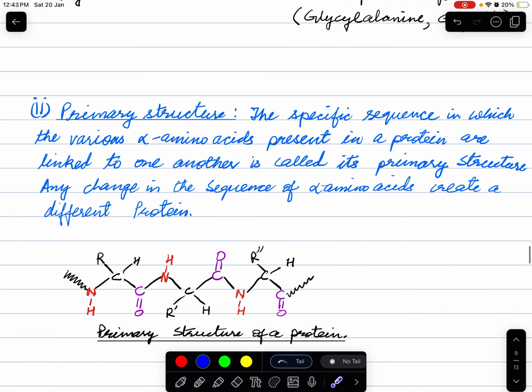The second one is primary structure, again in relation to protein. Proteins have a specific role in the body of any organism, and that role depends upon their structure or 3D form. The very first elementary structure is the primary structure.